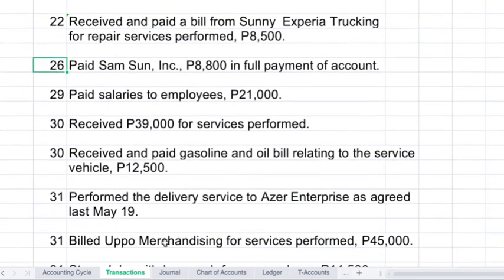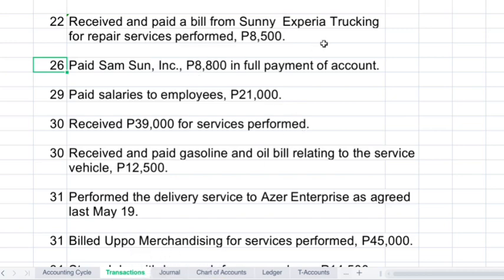Okay, May 26. So, on May 26, the business paid Samsung Incorporated for 8,800 in full payment of account. Okay. So, binayaran na natin yung utang or binayaran na ni business yung utang niya kay Samsung Incorporated.